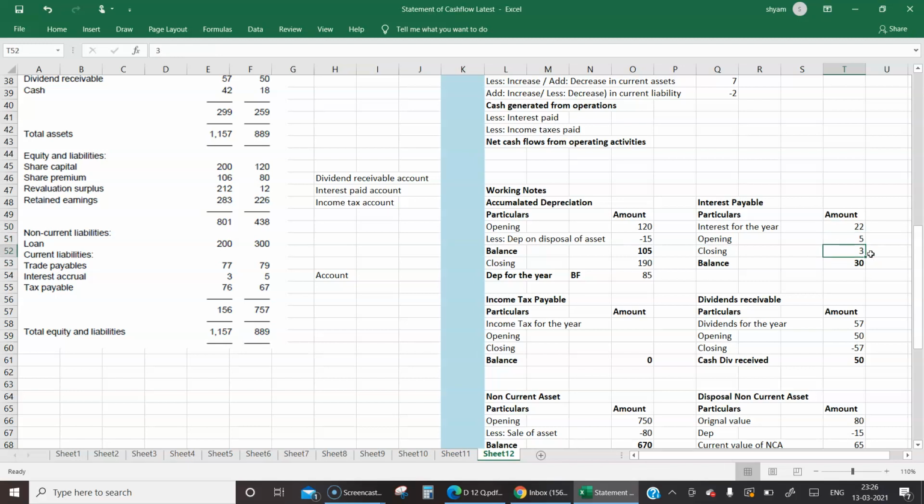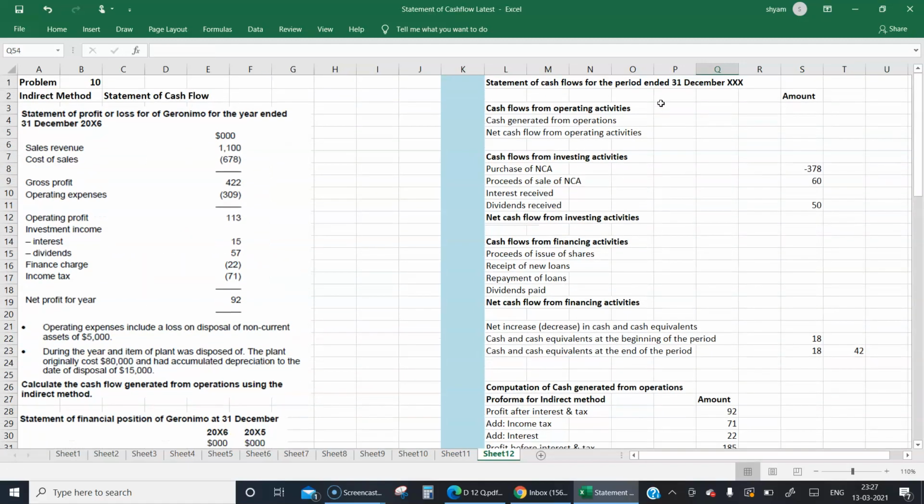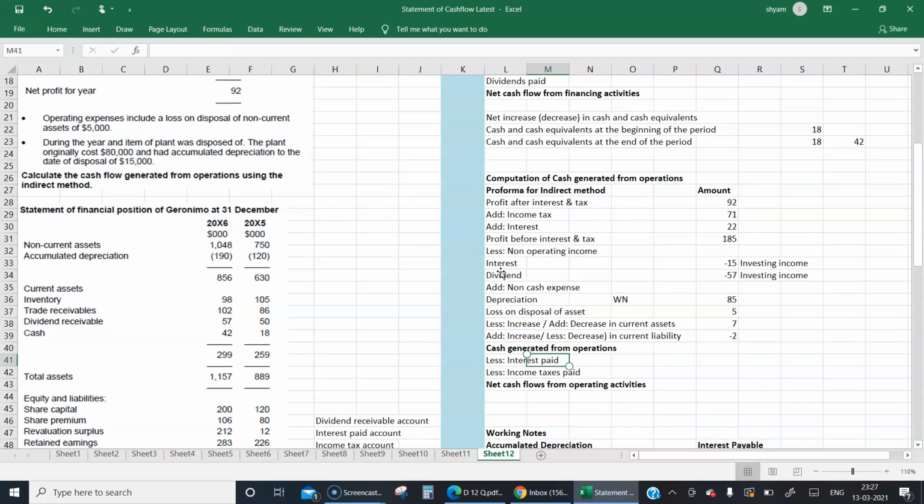So it means we have paid some interest. The opening plus current year interest 27, minus 3 still pending. So cash interest paid is 24.